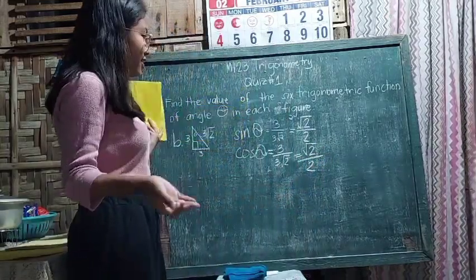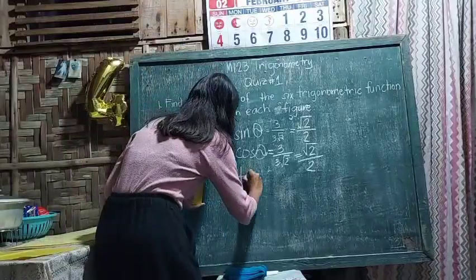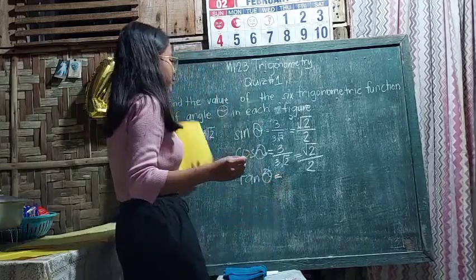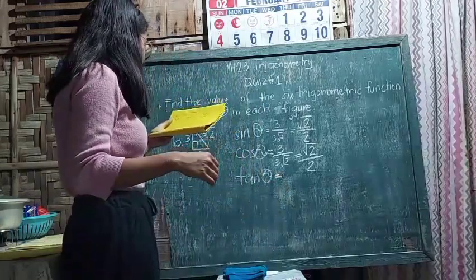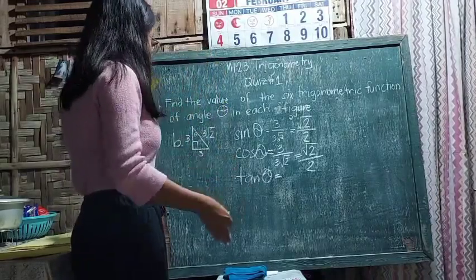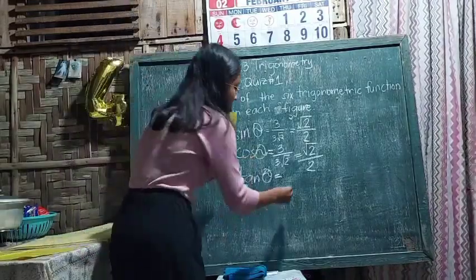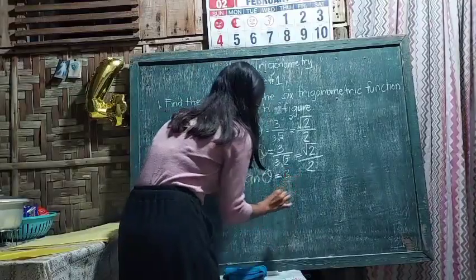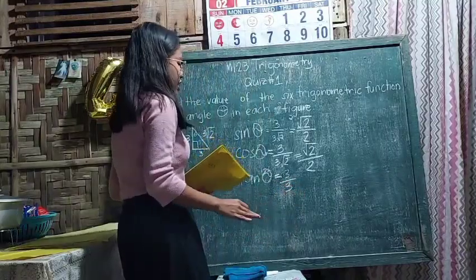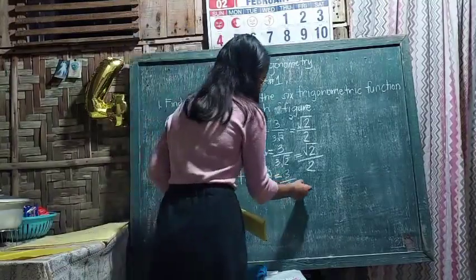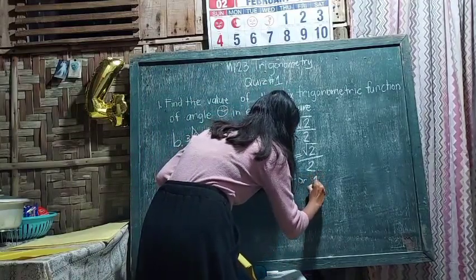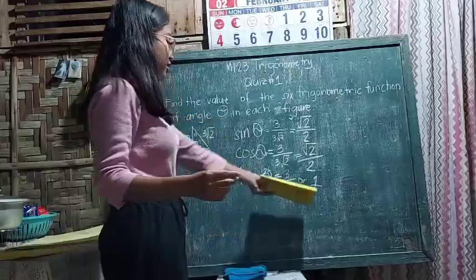Now the next trigonometric function is the tangent theta. So for a tangent, it would be the opposite over the adjacent. 3 for the opposite and also 3 for the adjacent. So 3 over 3, we can also say that it is 1. So for a tangent, it is 1.